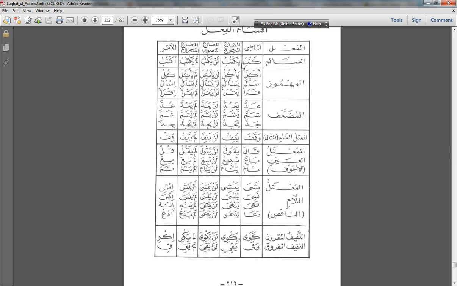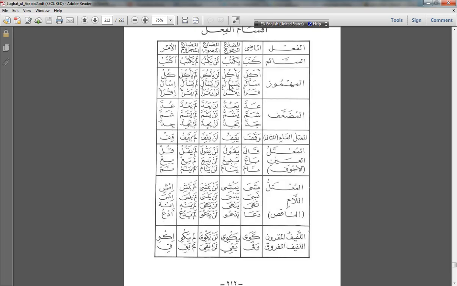So kataba is the madi, yaktubu mudari marfu, which has the dhamma at the end of it, lan yaktuba mudari mansub, which has the fatha at the end of it, mudari majzoom, which has the sukun at the end of it, and uktub amr. Mahmuz, akala, ya'kulu, lan ya'kula, lam ya'kul, kul.